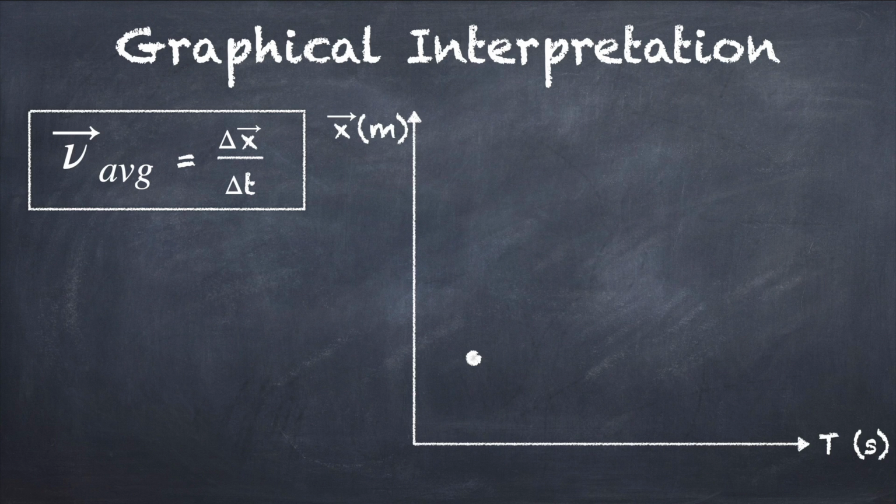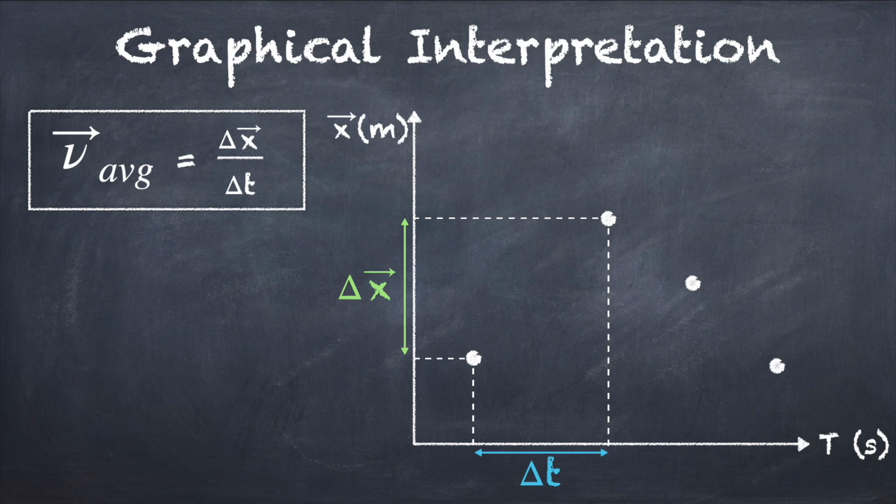Let's consider a plot of position versus time. If I wanted to compute the average velocity between these 2 points, then according to our definition, we would need to know the displacement, delta x. But we can read that off this plot as the height difference between these. Then we also need to know the change in time, but that can be measured by the horizontal distance between these.